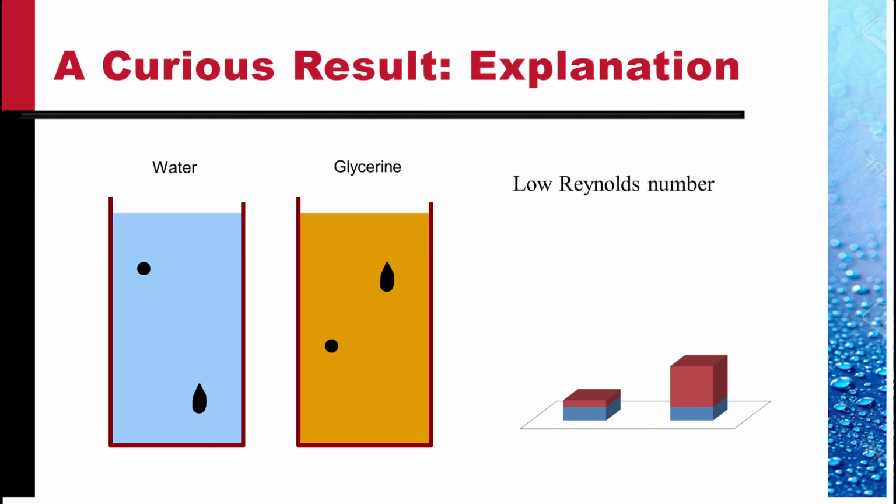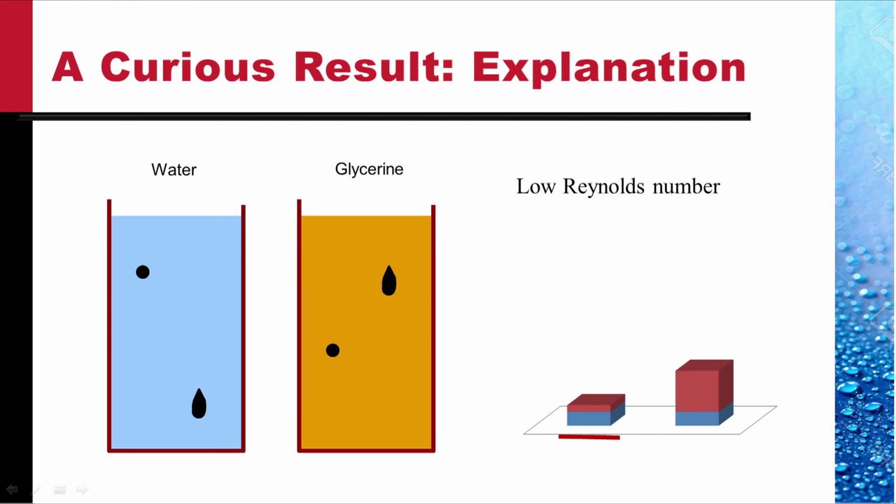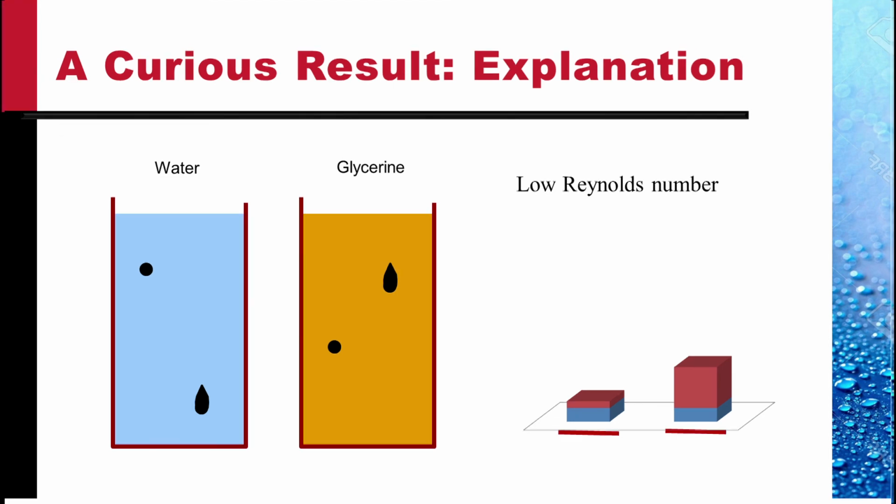Why is that difference? The difference is in a very simple fact, that now we have flow at lower Reynolds number in glycerine. In the glycerine, the flow is dominated by shear stresses. So this shows the drag makeup for the bluff body, and this shows it for the teardrop shaped body.